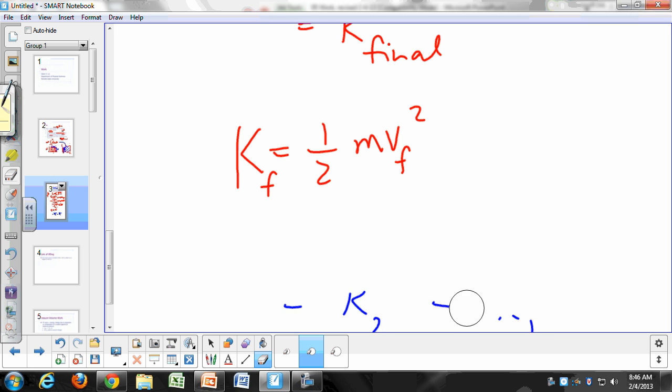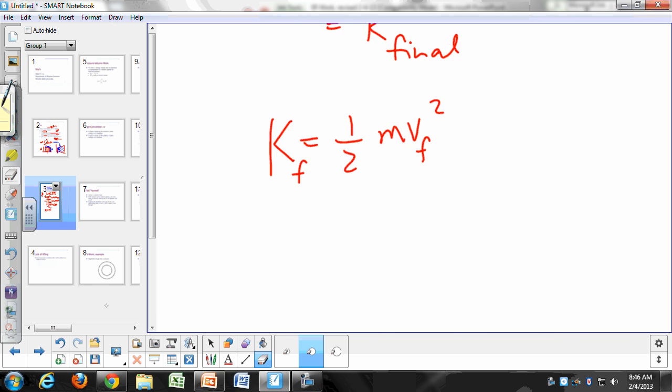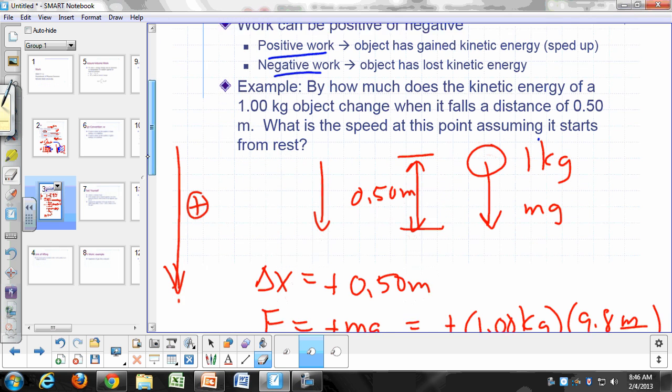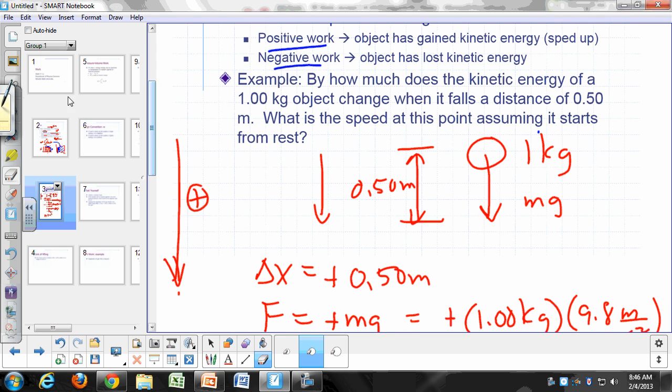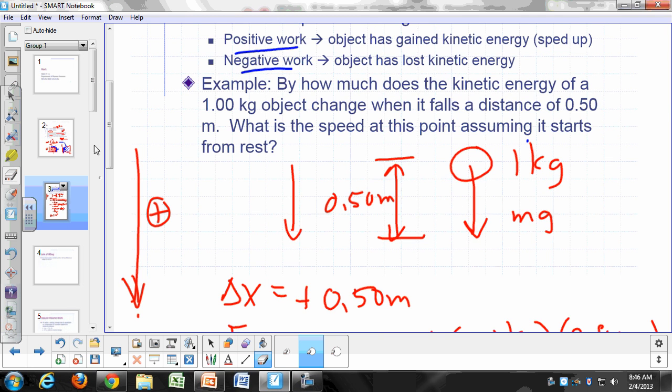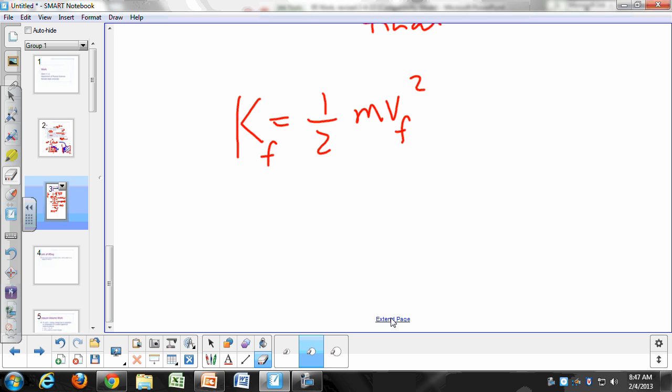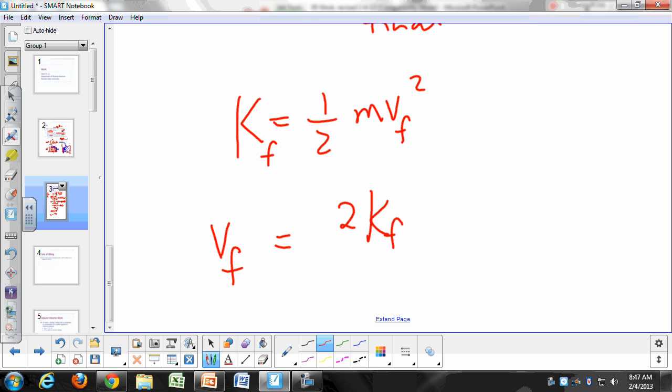How do I solve for my final speed? v f equals 2 times the final kinetic energy divided by the mass, and you take the square root, right?